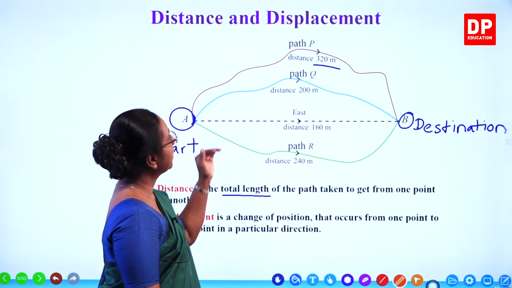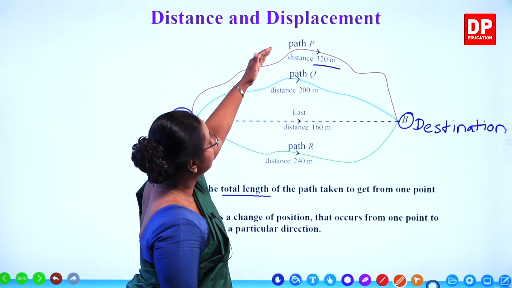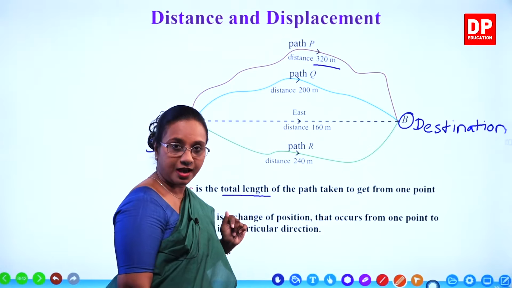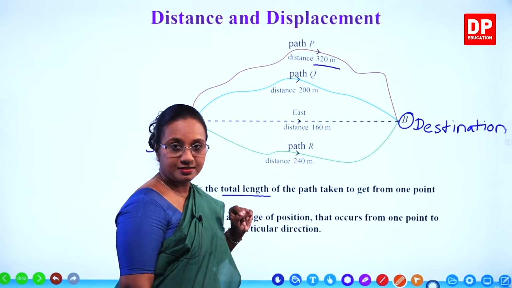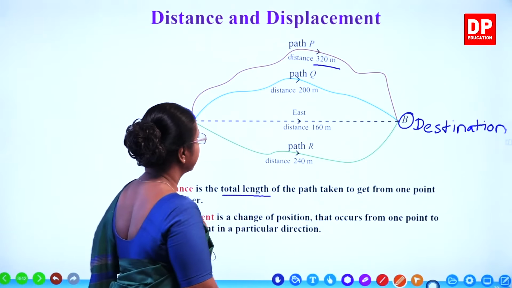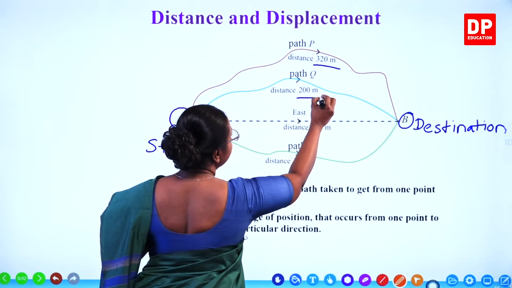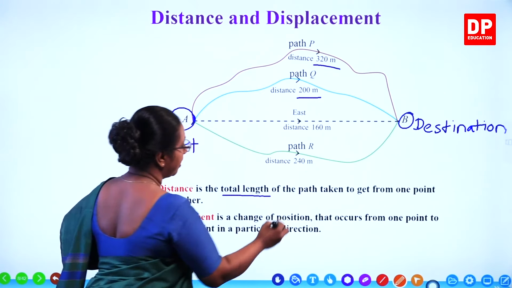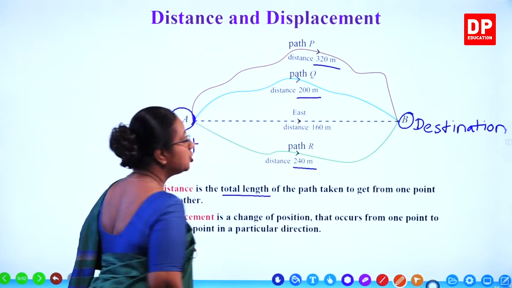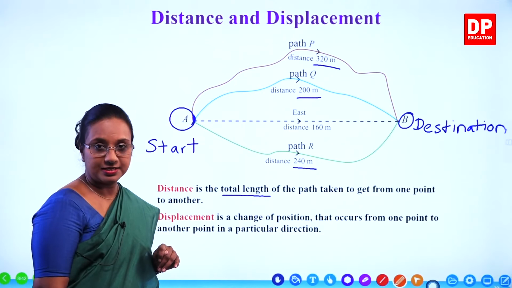So if we compare the 3 paths, path P has a length of 320 meters. So we say the distance is 320 meters. If we take path Q, the distance is 200 meters. And path R has a distance of 240 meters.